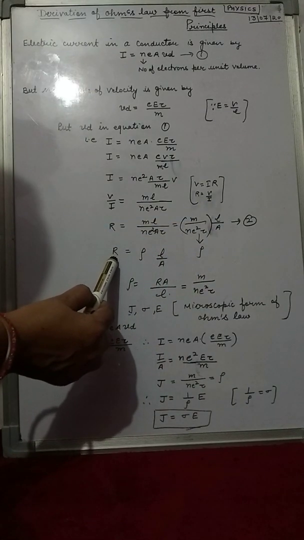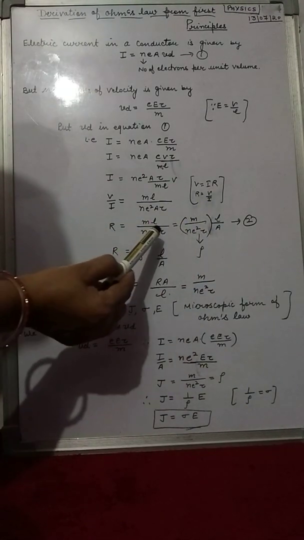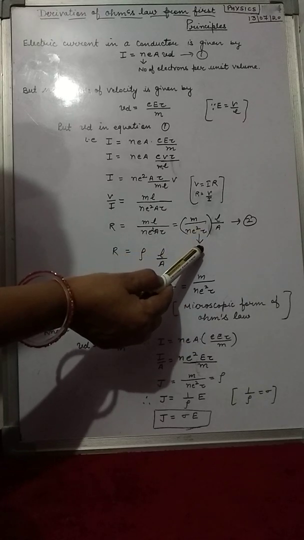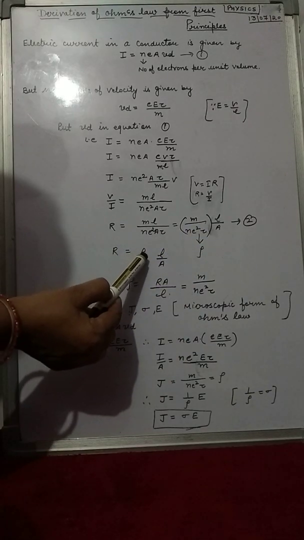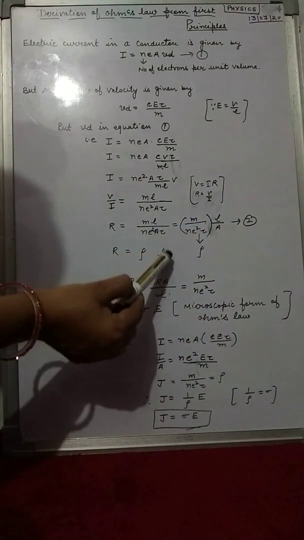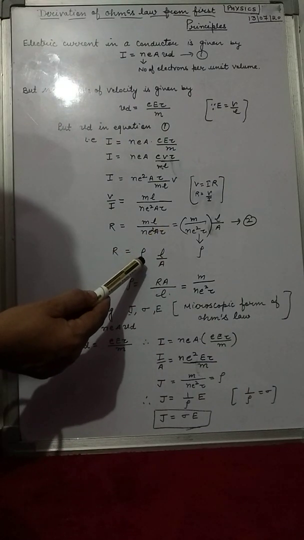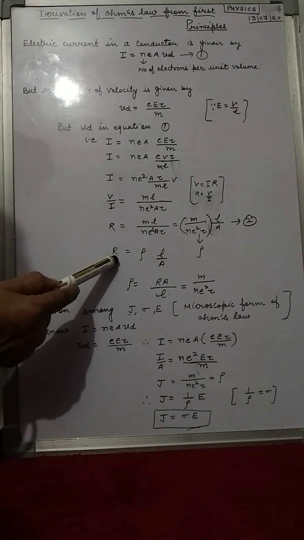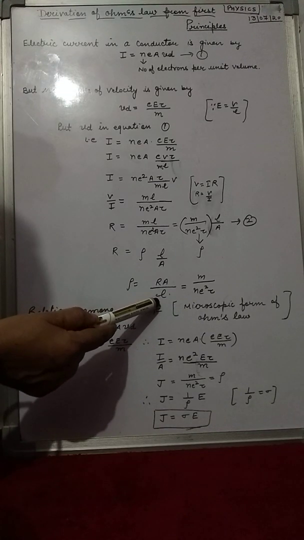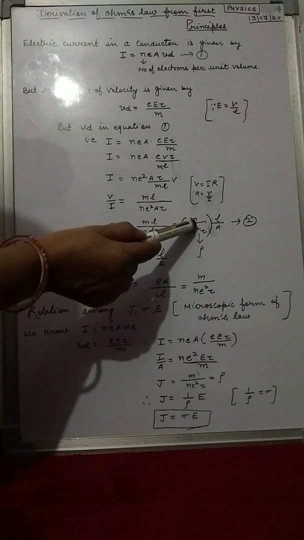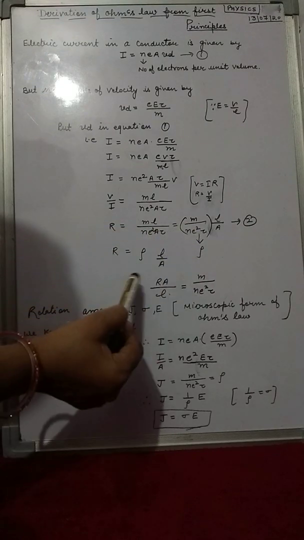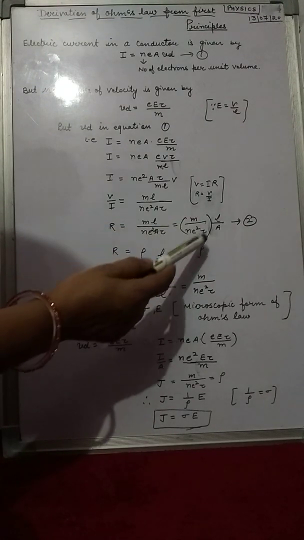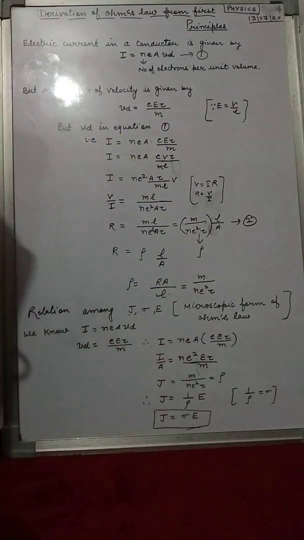It means R = ρL/A, or from here ρ = RA/L. And ρ = m/ne²τ.